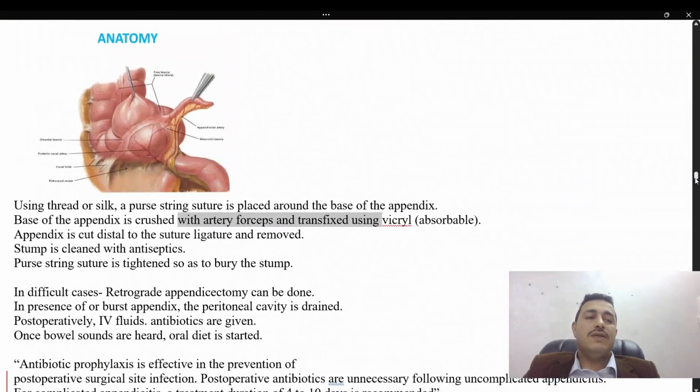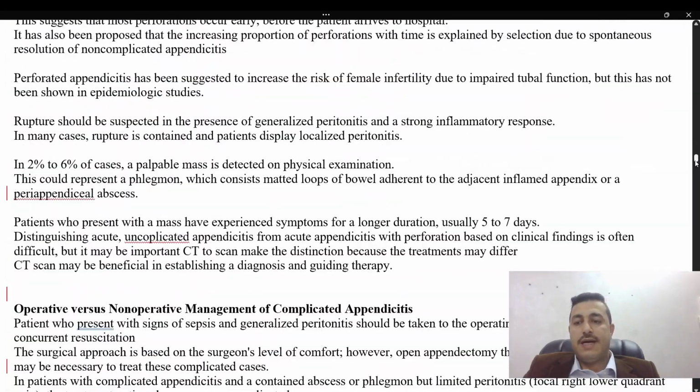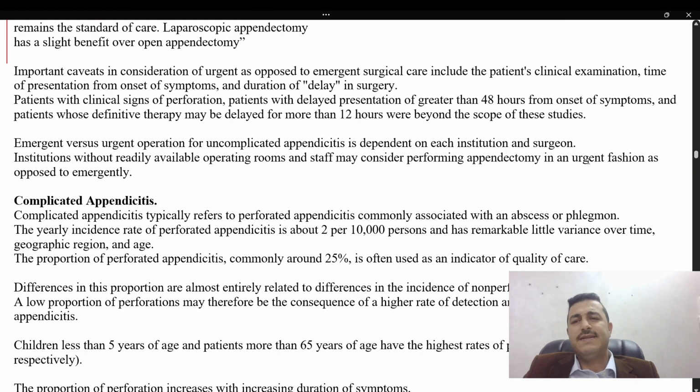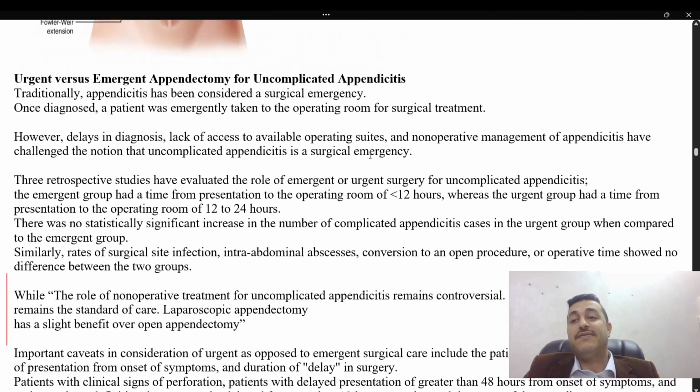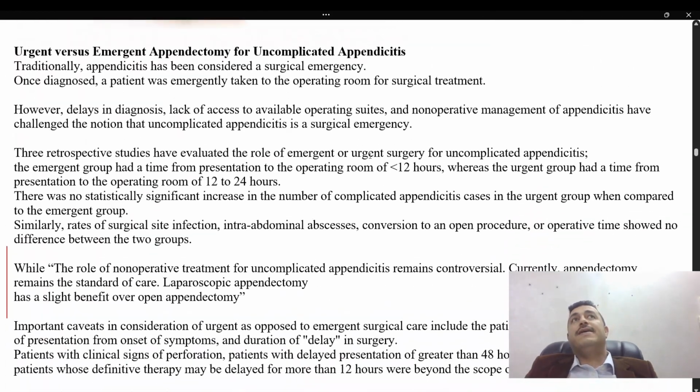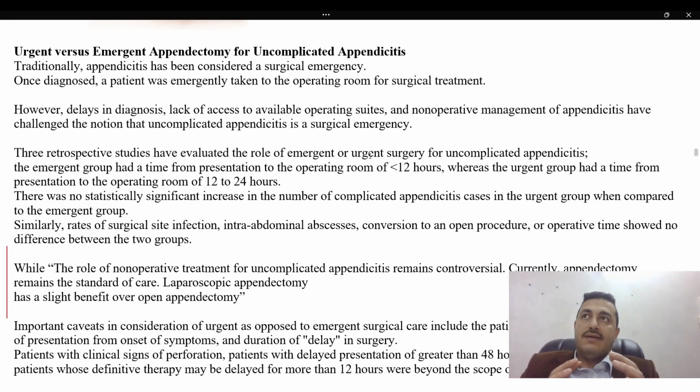Okay, now let's move to an important topic, actually, and it's not easy, it's a difficult topic. When we deal with appendicitis, 3 questions appear. First of all, when to do appendectomy? Should we do it directly once we diagnose the patient?